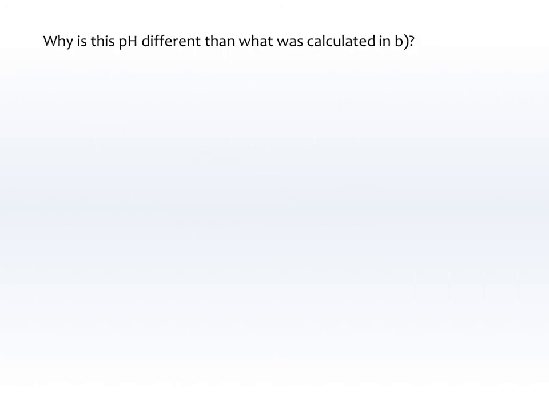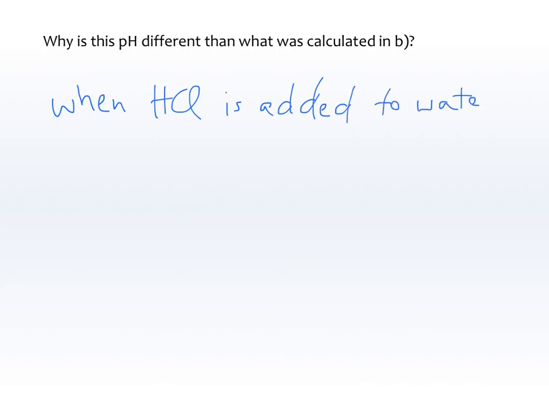So why is this pH different than what was calculated in part B? Well, when HCl is added to water instead of added to the buffered solution, the pH changes dramatically.